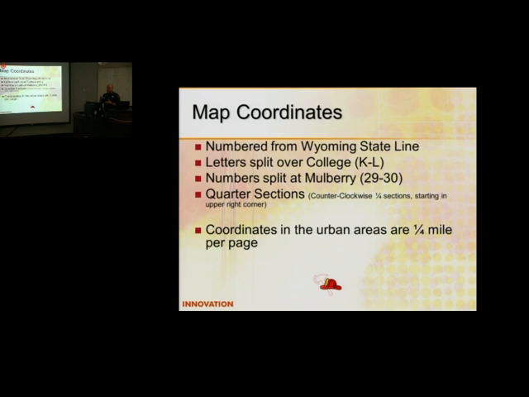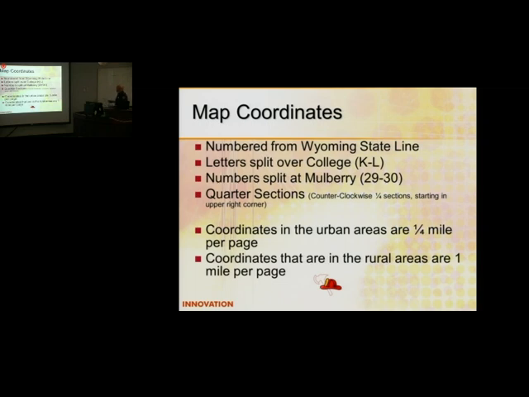Every single address is in it, hydrants, standpipes, that's all listed in there. If you tried to put a whole mile section on one page, you'd never be able to read it. It would be so tiny. So you get the quarter sections. Rural areas keep the whole mile coordinate on it. Okay?